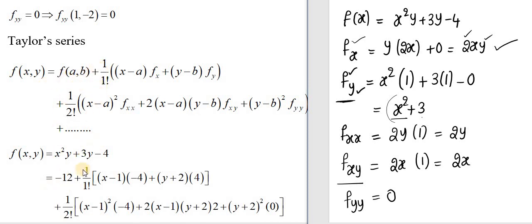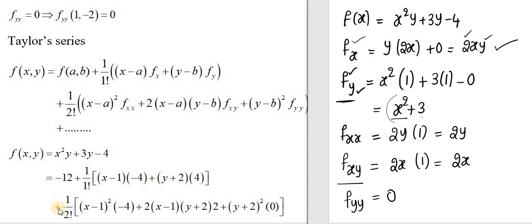Substitute 1 by 1 factorial as it is, a is 1, x minus 1, fx value is minus 4, b value is minus 2, minus of minus is plus, that's why y plus 2, fy value is 4, plus 1 by 2 factorial, x minus 1 whole square, fxx value is minus 4, 2 into x minus 1, y plus 2, fxy value is 2, plus y plus 2 whole square, fyy value is 0.